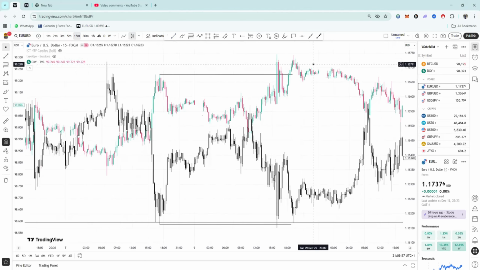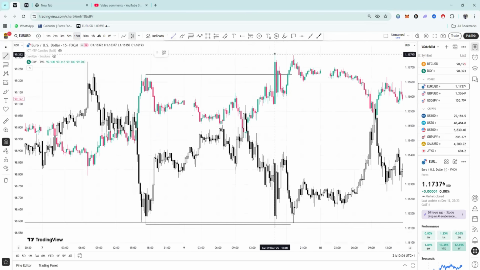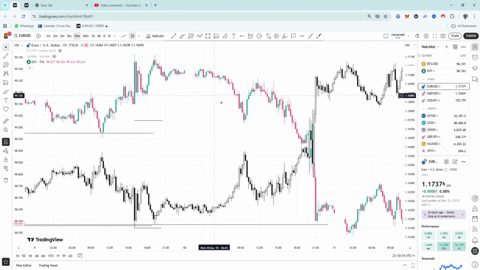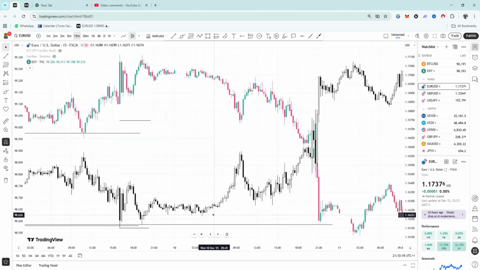We also took out the high. At this point we did not have any SMT because price took out this high, but it also did not take out the low on Euro USD. So in this case we do not have any SMT to give us a reason to support our trade idea. But around this area here, we had an SMT right here.